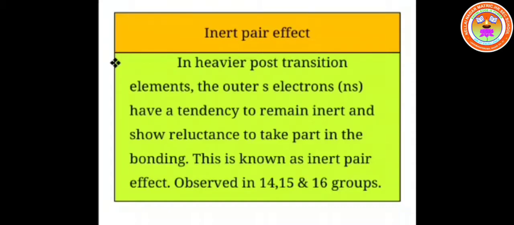Post stands for next. So, next to transition elements, what are the elements present in the periodic table? P-block elements. So, in heavier post-transition elements, the outer s electrons, ns, have a tendency to remain inert and show reluctance to take part in the bonding, and this is known as inert pair effect and shown by the groups 14, 15 and 16.